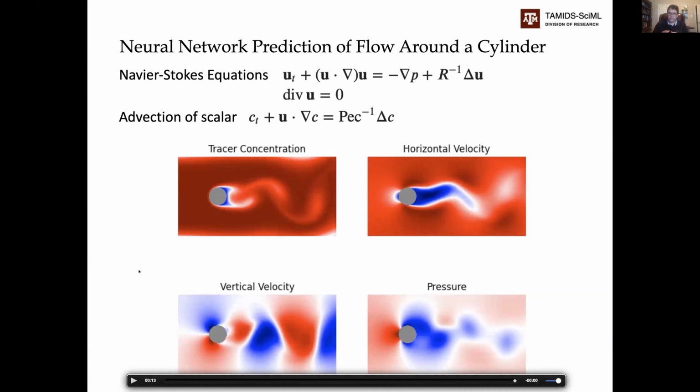Everything else cannot be measured. So you know, the velocity, the pressure, and also you do not know the geometry. So the only thing you have is the data from the tracer and the Navier-Stokes equations.